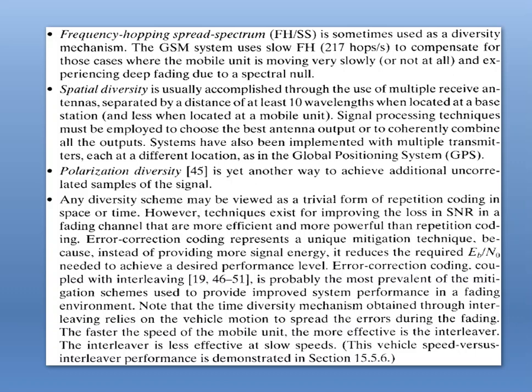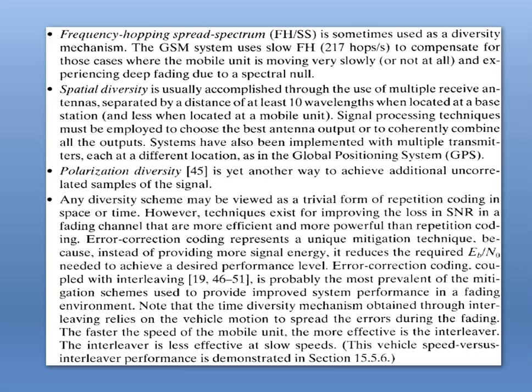And the next one is spatial diversity. Spatial diversity is usefully accomplished through the use of multiple receiver antennas separated by a distance of at least 10 wavelengths when located at the base station. Signal processing techniques must be employed to use the best antenna output or coherently combine all the outputs.